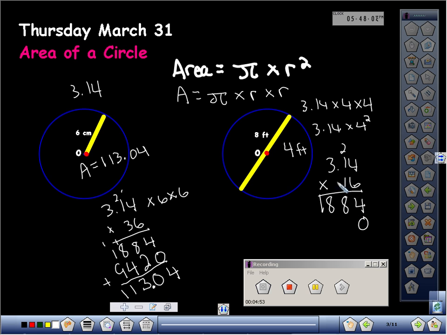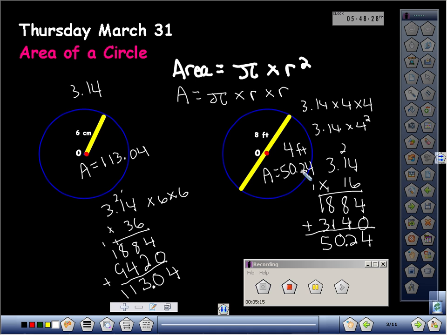Put our 0. 1 times 4 is 4. 1 times 1 is 1. 1 times 3 is 3. I love it when that happens. We get 4, 12, carry the 1, 8, 9, 10, 0, carry the 1, 3, 4, 5, and then 1, 2. So the area of this circle is 50.24.